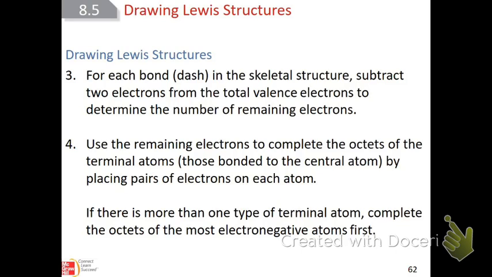And notice what it says down here on the bottom of number 4. This is an important tip. If you have more than one type of terminal atom, remember what a terminal atom is. It's an atom that's bonded to your central atom. You do those first. Do the one that's the most electronegative first.